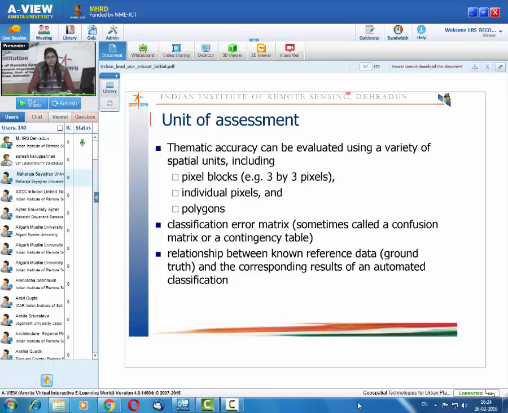So for that we prepare a confusion matrix or an error matrix or a contingency table. So different names are given to the table. Confusion matrix being the most widely used, error matrix being the second most widely used. So what is it going to tell you? It is going to tell you the relationship between the known reference data and the corresponding results of an automated classification.